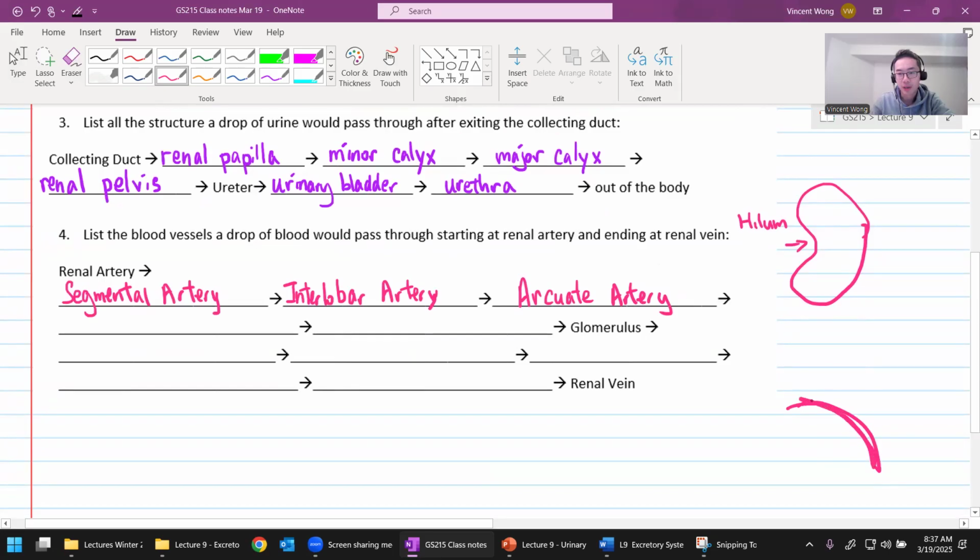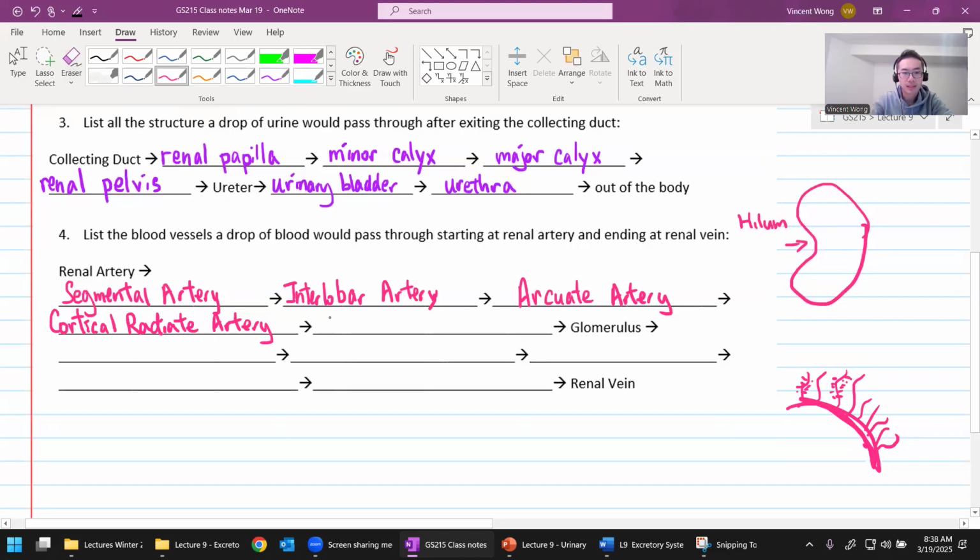From the arcuate artery, there are little hair-looking ones that are branching off. Those are the cortical radiate artery. Then from the cortical radiate artery, you also have little sideways ones that are branching off.